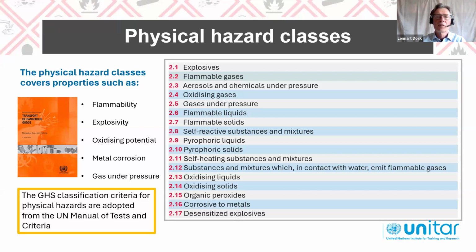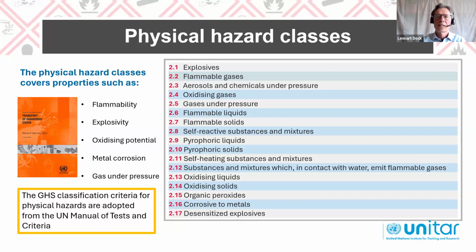And the reason why we have so many, 17 hazard classes, is, as you can see, that it is also differentiated according to aggregation state. For example, you have flammable gases, flammable liquids, and flammable solids in 3 different hazard classes. You have pyrophoric liquids and pyrophoric solids in 2 different hazard classes, but the property is similar, of course.